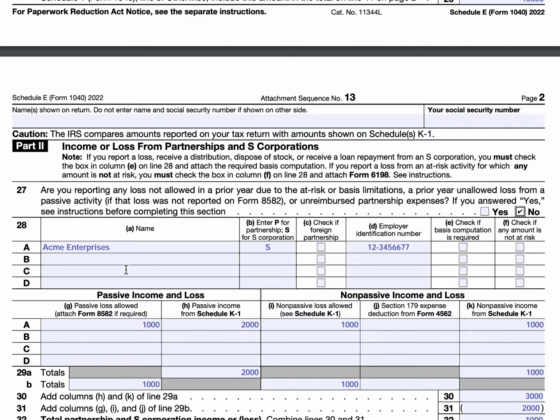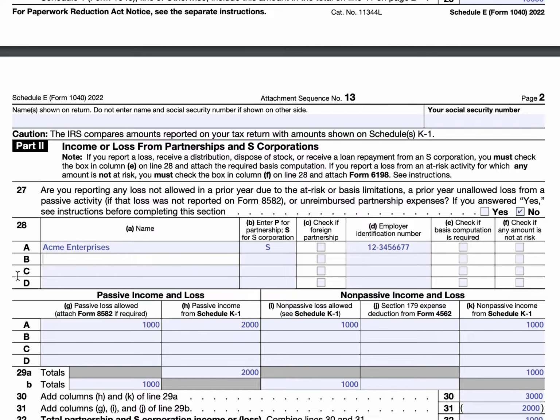You can't net those with any current year amounts. So if you had PYA and then you would enter a $1,000 loss, that's how you would report a loss that was previously disallowed due to basis or at-risk rules.